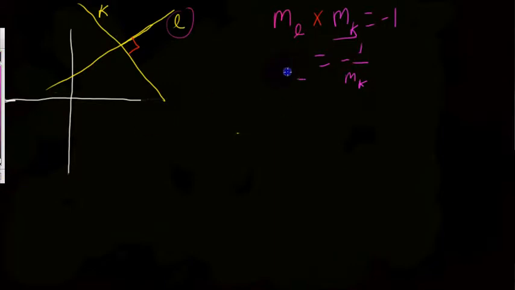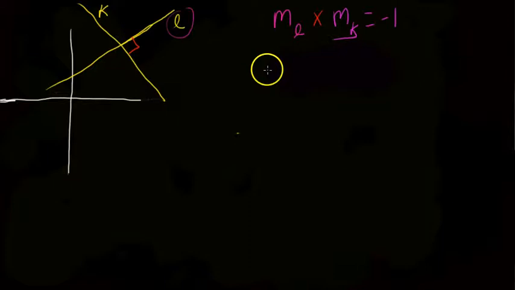Now, I think the best thing to do to start this proof off is to use right triangles. So first we're going to draw those. The best ones to use are the ones you generally use to find change in y over change in x, because slope is defined as m equal to change in y values over change in x values.